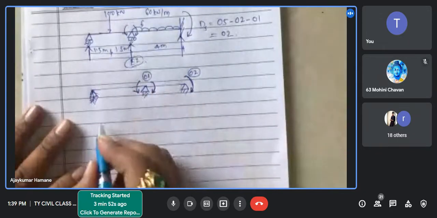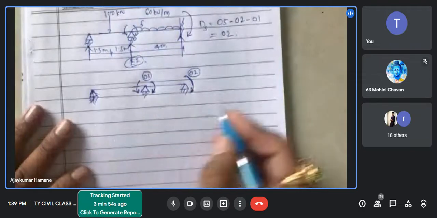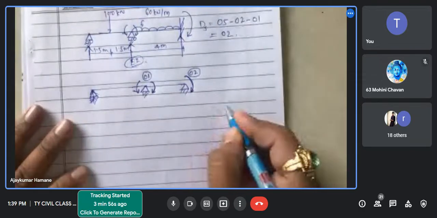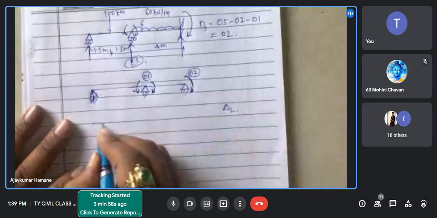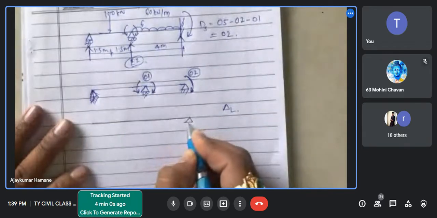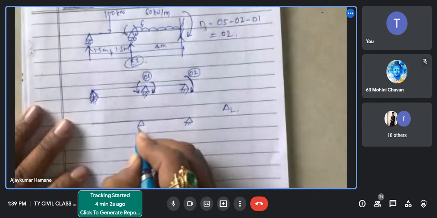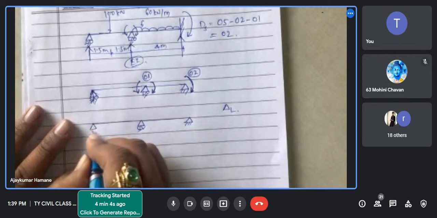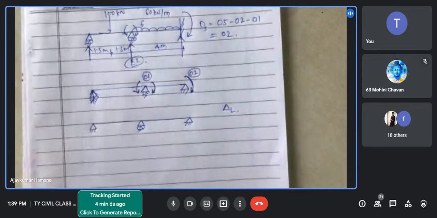After releasing the structure, what do we have to find out? Delta L. What is the delta L? Yes, anyone? What is the delta L?